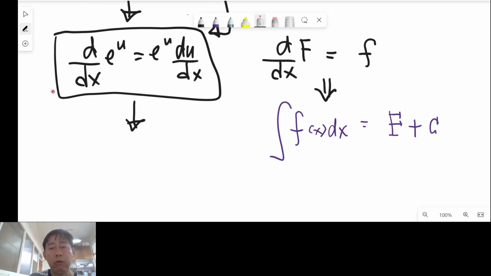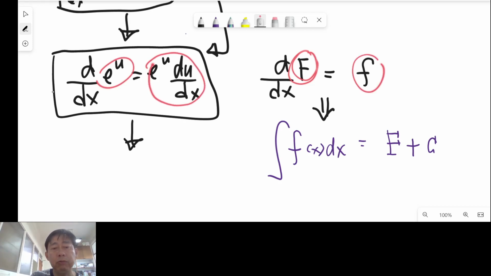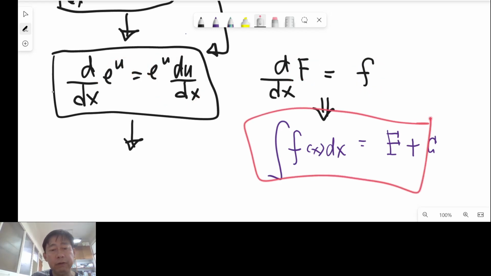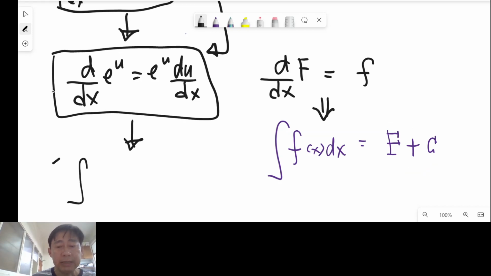Here you compare this with these situations. It is understood that the capital F here is e^u, and the small f here is e^u du/dx. Therefore, you write down this version of the equation: d/dx of e^u equals e^u du/dx. When you write it in indefinite integral form, it will be like this, with the indefinite integral of the small function f.